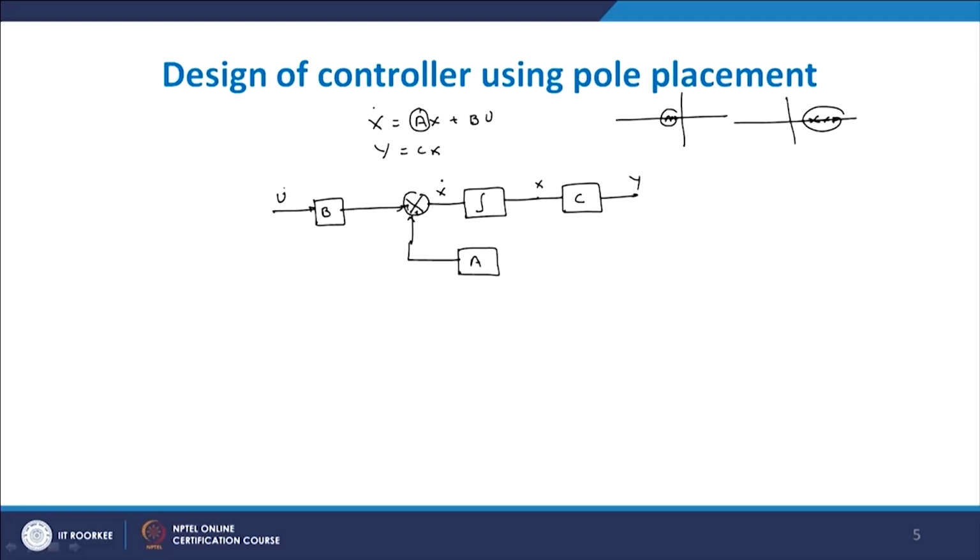So you will find that for this case your plant is x dot equals Ax plus Bu and y equals Cx. So this is the block diagram of the system.